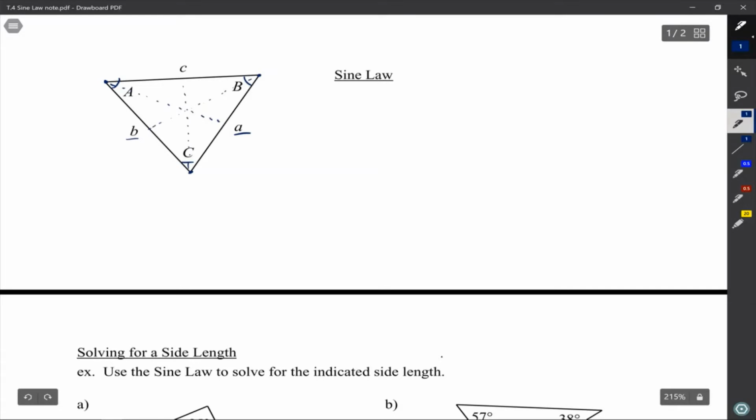Opposite from angle C, I have side C. Those are lowercase letters to represent the side lengths, uppercase letters to represent the angles.